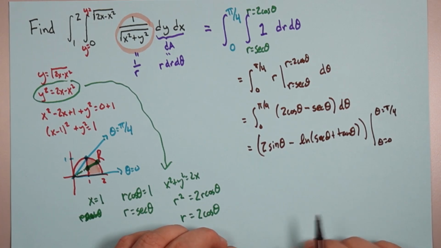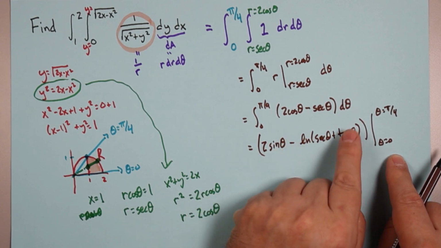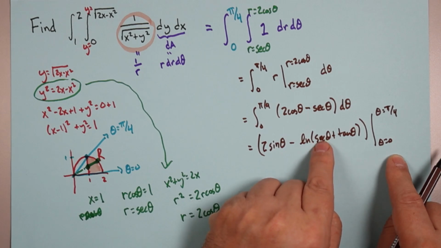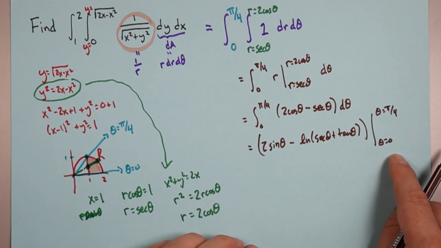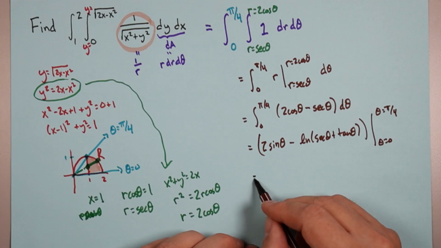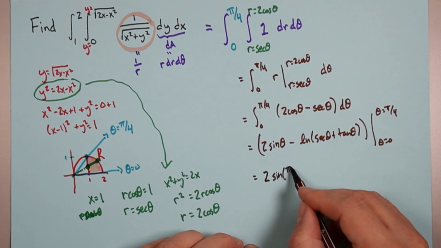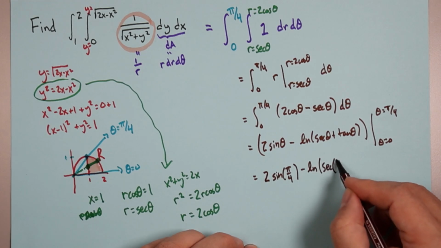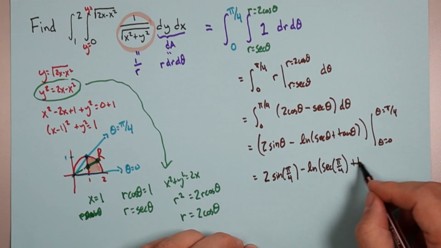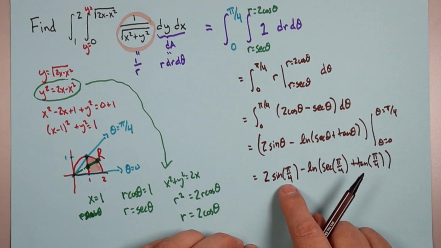Now, when you plug in 0, sine of 0 is 0. Tangent of 0 is also 0. Secant of 0 is 1. Log of 1 is 0. So we're going to get 0 when we plug in 0. That's good news. So we plug in pi over 4. We get 2 times sine of pi fourths minus log of secant pi fourths plus tangent of pi fourths. Now sine of pi fourths is root 2 over 2.